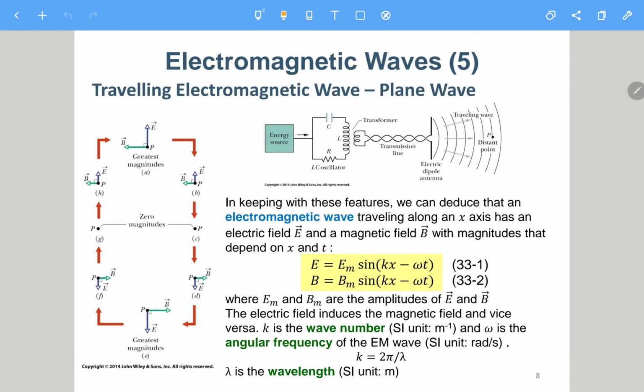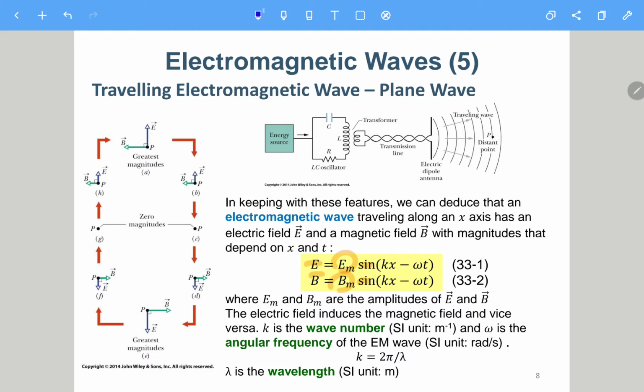So the E field and B field satisfy this equation. This is the magnitude of the E field and B field, and then it will be sine or cosine, it depends. If the E field is Em times sine of kx minus omega t, then the B field should also be Bm times sine of kx minus omega t.